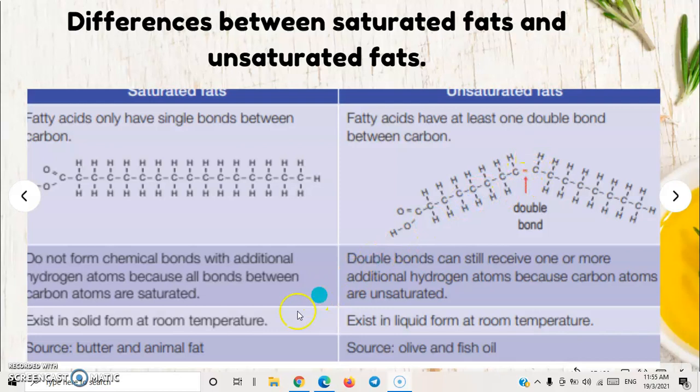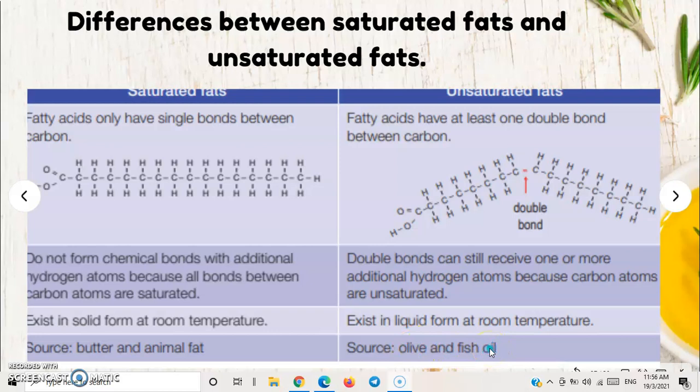Okay, we go to the third difference. Saturated fat exists in solid form at room temperature. Unsaturated fat exists in liquid form at room temperature. The sources of saturated fats are butter and animal fat, while for unsaturated fat, the sources are olive oil and fish oil.